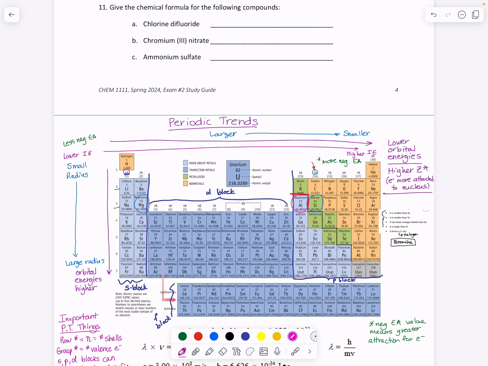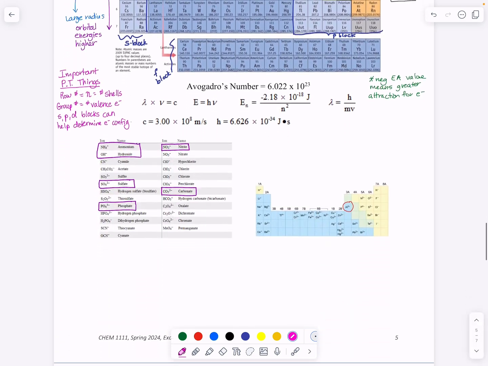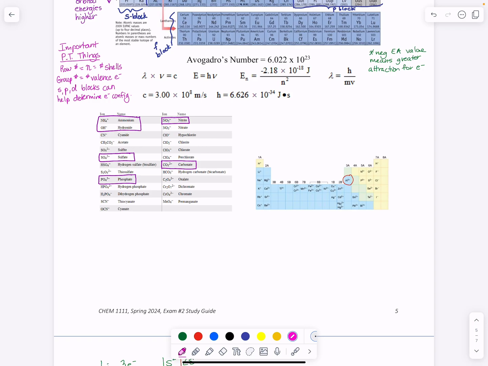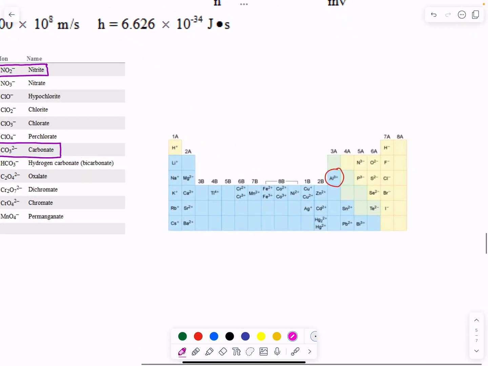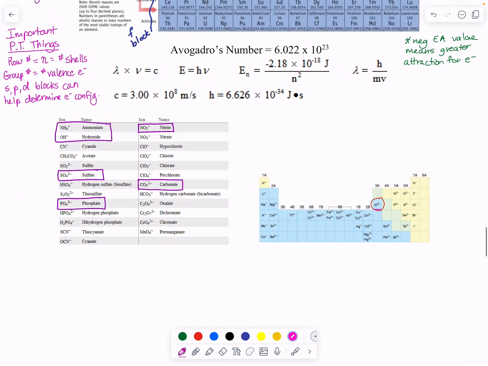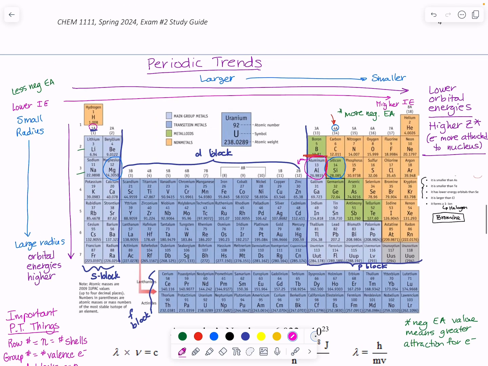So remember that aluminum is going to actually lose electrons to get to the nearest D block element, and what we find is that aluminum is going to be one of those elements that forms a +3 ion.